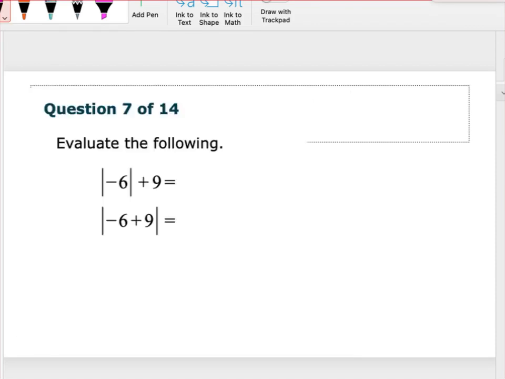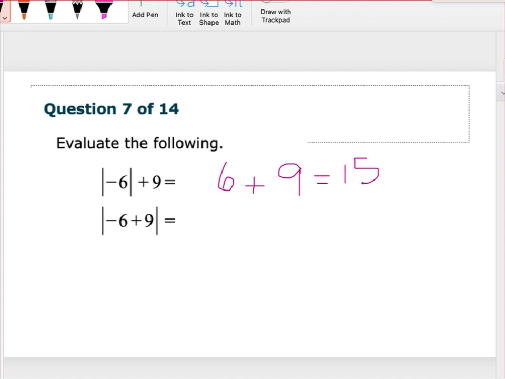Okay, so now let's look at this one. We're dealing with absolute values. Now remember, when we're talking about an absolute value, we're talking about the distance of a number from 0. So -6 and +6 are both 6 steps from 0. So the absolute value of -6 is how far it is from 0, which is 6. 6 plus 9 is 15.